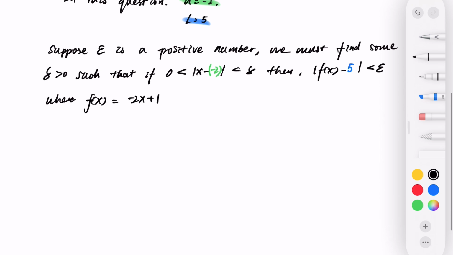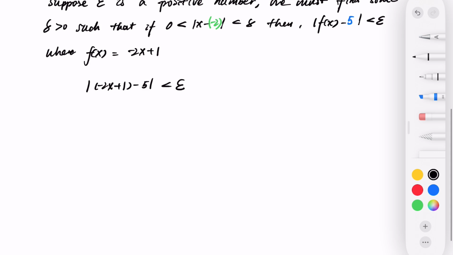Let's proceed. The absolute value of negative 2x plus 1 minus 5 is less than epsilon.